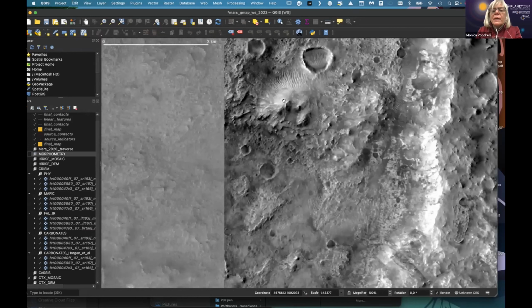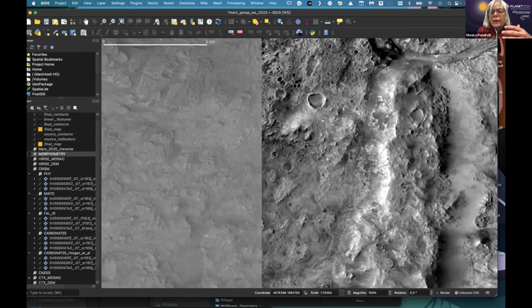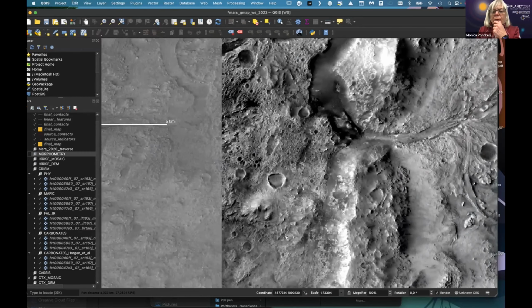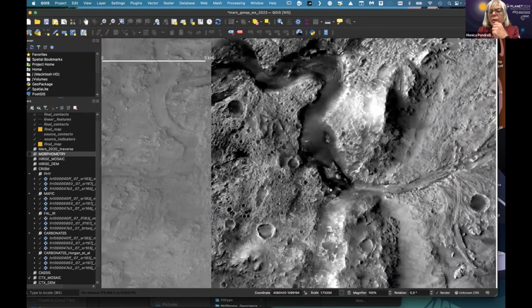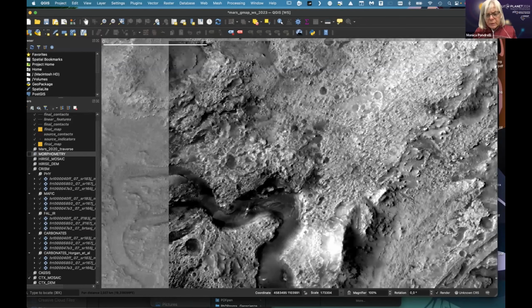Or are they part of something which stays on top of this succession and which has been eroded elsewhere, and it was much more extensive before? This is a question to address during the mapping.